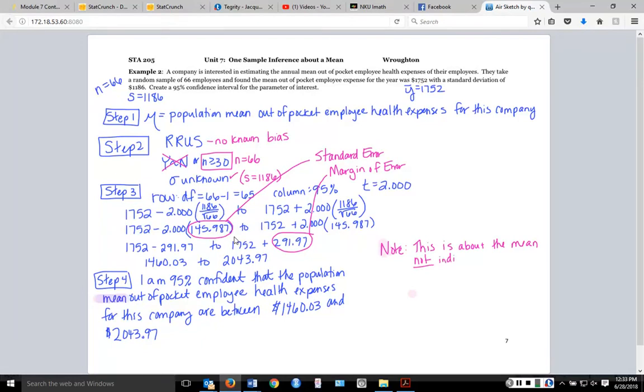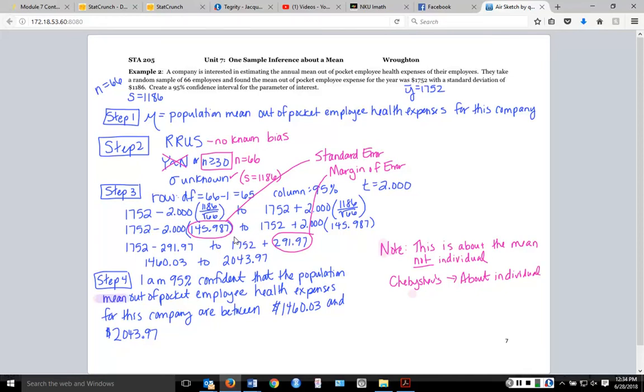If I wanted to know something about individual employee health expenses, that's where Chebyshev's rule would be important. So that's what I could do if I was really interested in individuals.